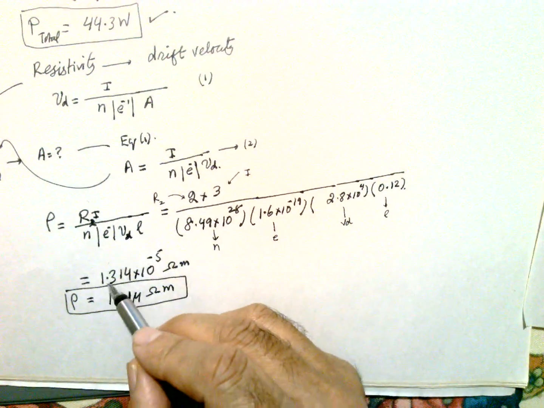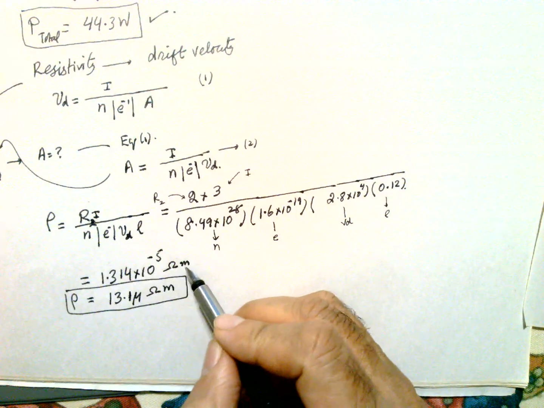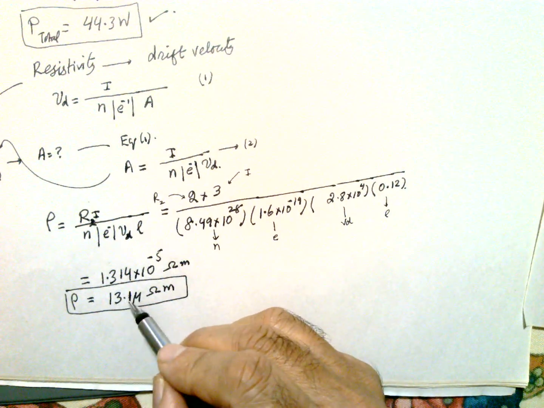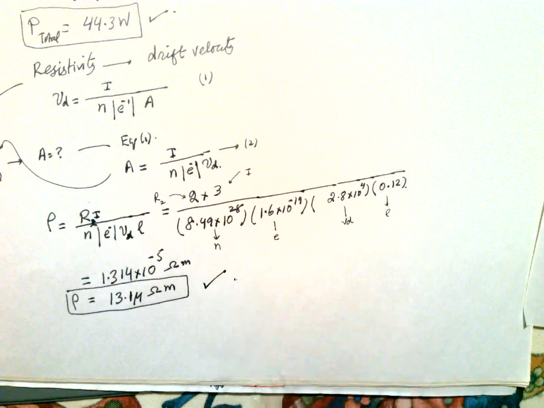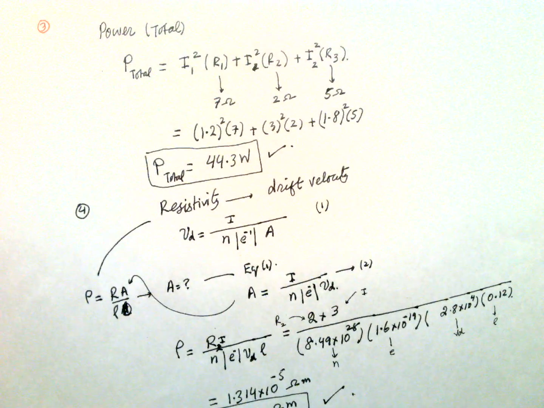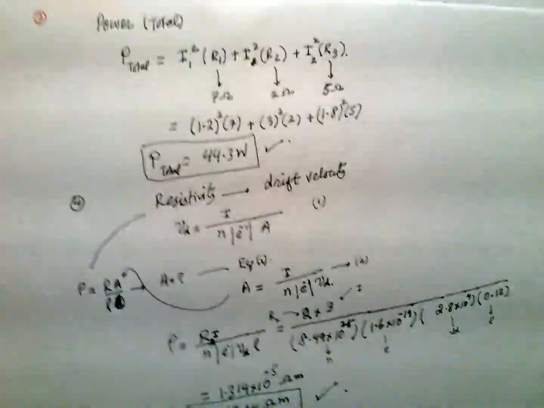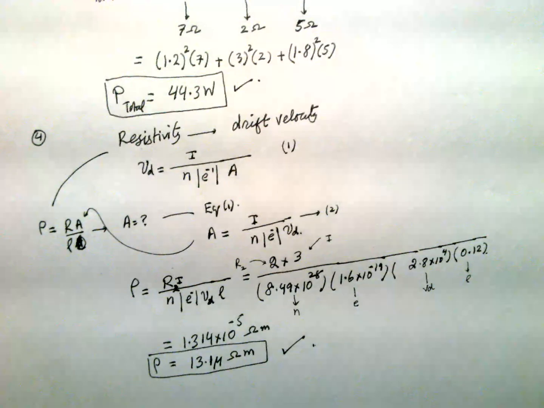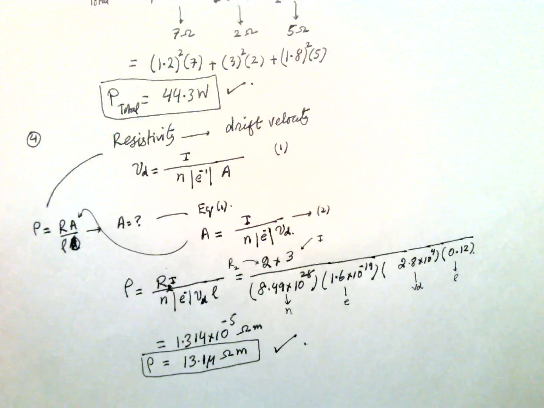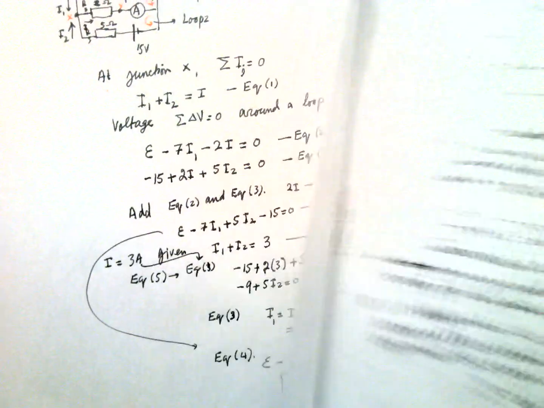If you multiply this, the answer is 1.314 times 10 power minus 5 ohm meter, or to 3 sig fig 13.1 micro ohm meter. So this is the answer. This is a slightly complicated but good question.